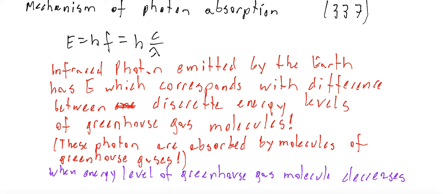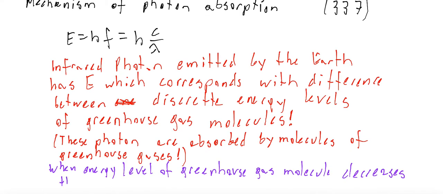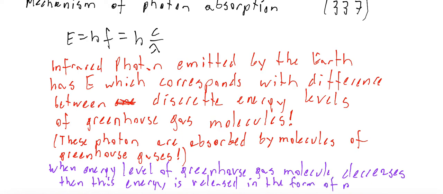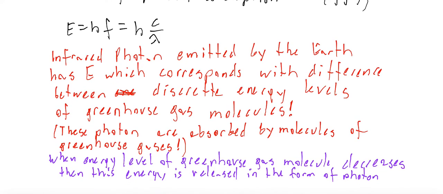Then this energy is released in the form of a photon, of course, which is emitted in a random direction. Is it clear? This photon can be emitted back to the Earth. Some of these photons travel towards the Earth.